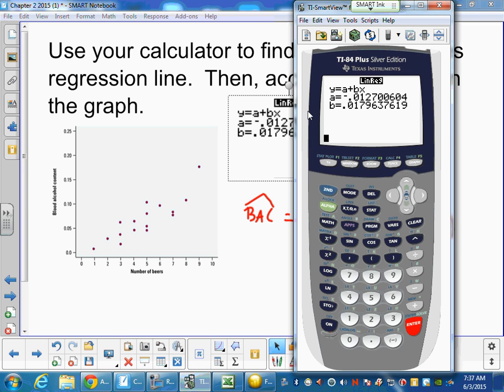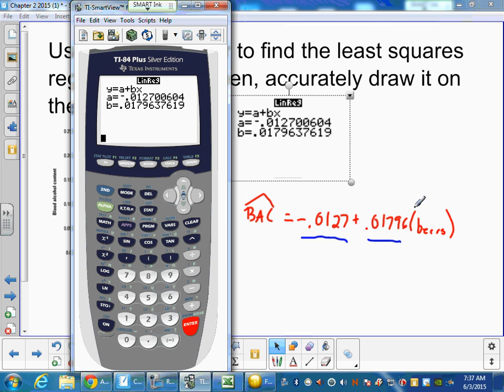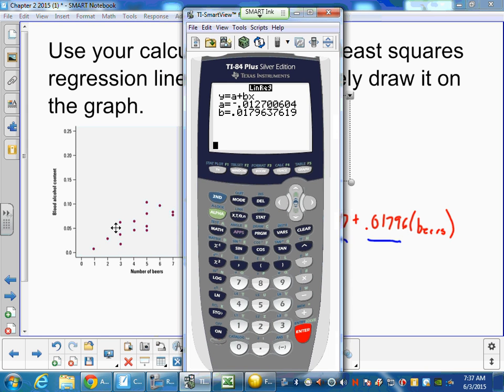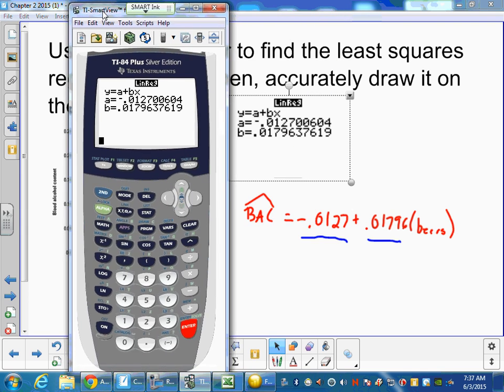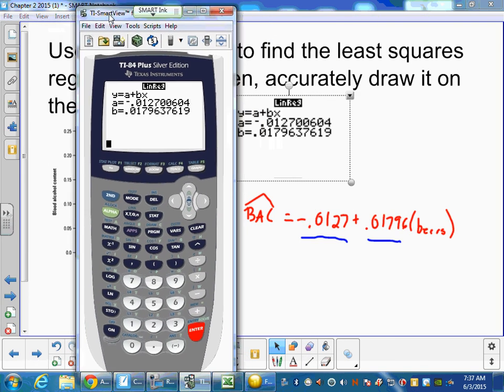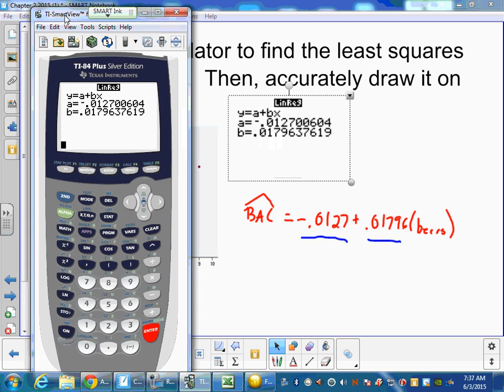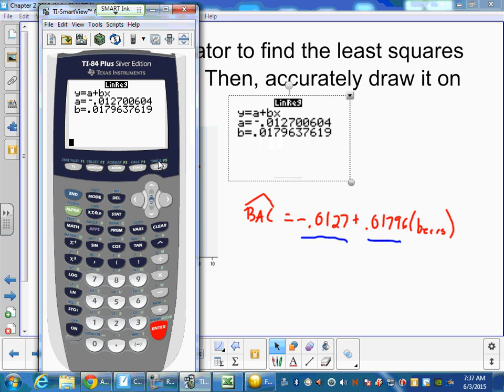Now, there's a couple ways that we can do this. One is to just plug a number in for beers. It's good to do one on the left-hand side and one on the right-hand side. So if I plugged in 1, see what my value is, and then plugged in 10 and see what my value is, then we can draw a line from there.